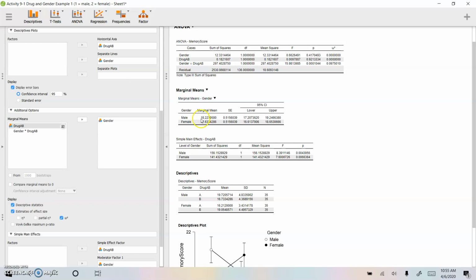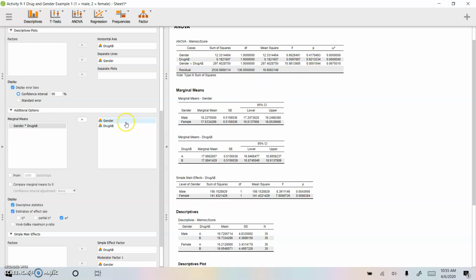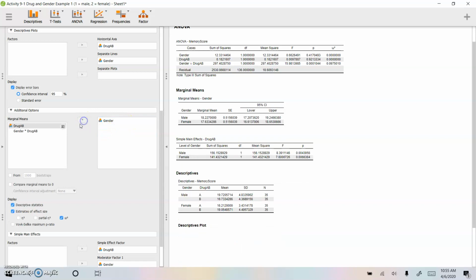Note right now we're just ignoring drug A versus drug B. So the difference between those two is likely due to sampling error because the P is 0.42. Now we can also look at the main effect for drug A versus B. So now I'm going to move drug A versus B over into the right-hand box for marginal means.